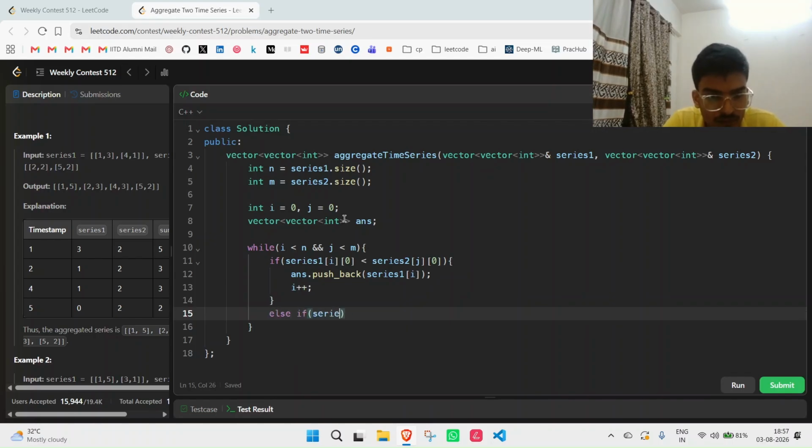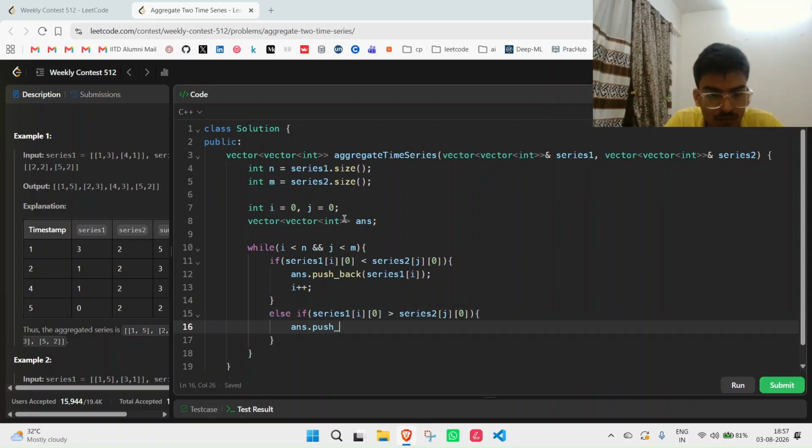Else if series 1 of i of 0 is strictly greater than series 2 of j of 0, then again we do the similar thing. Answer.push_back series 2 of j.